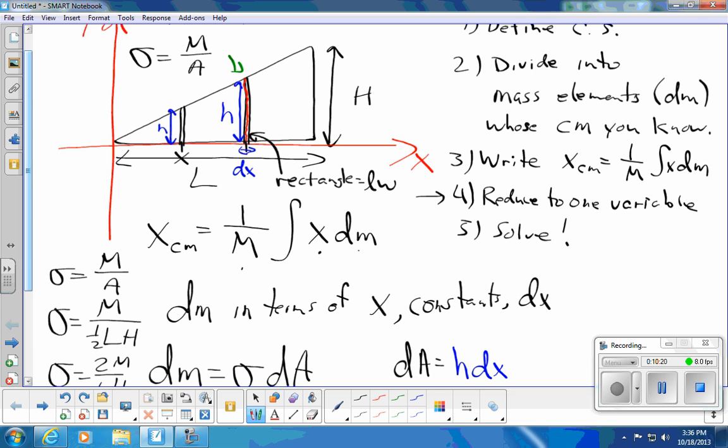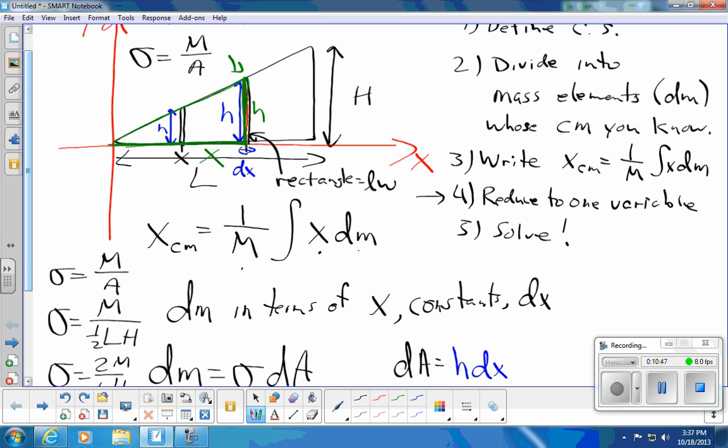Consider this smaller triangle that I'm outlining in green, which has as its base the distance from the origin to the mass element. The vertical height is h, and the third leg is the hypotenuse, only as far as that mass element. This triangle has height h, and the length down here on the bottom is x.